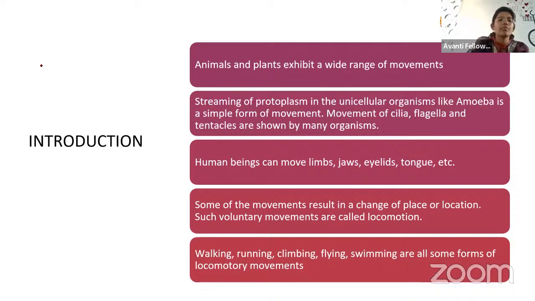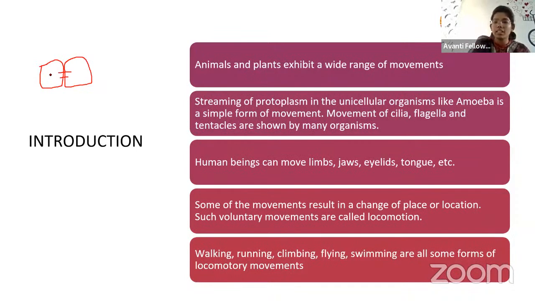If there is one plant cell, and one more plant cell just beside it, there is an interconnection between the two cells, which is called what? Plasmodesmatal connection.